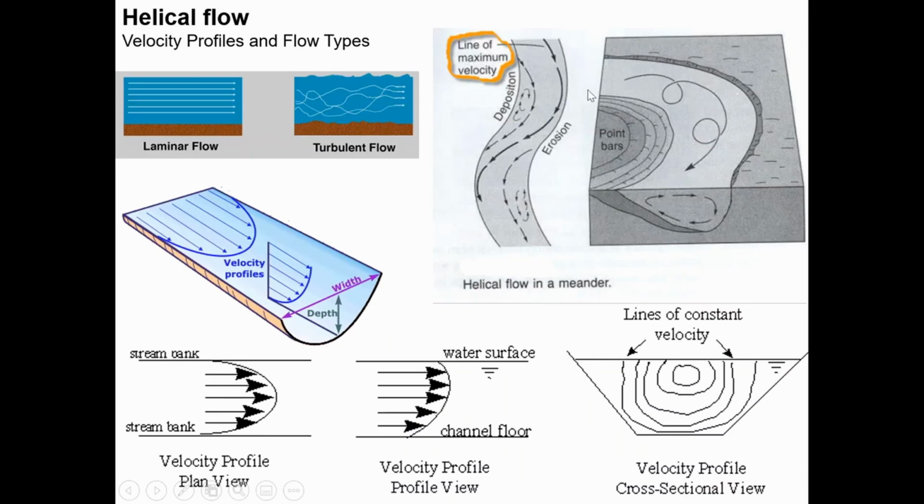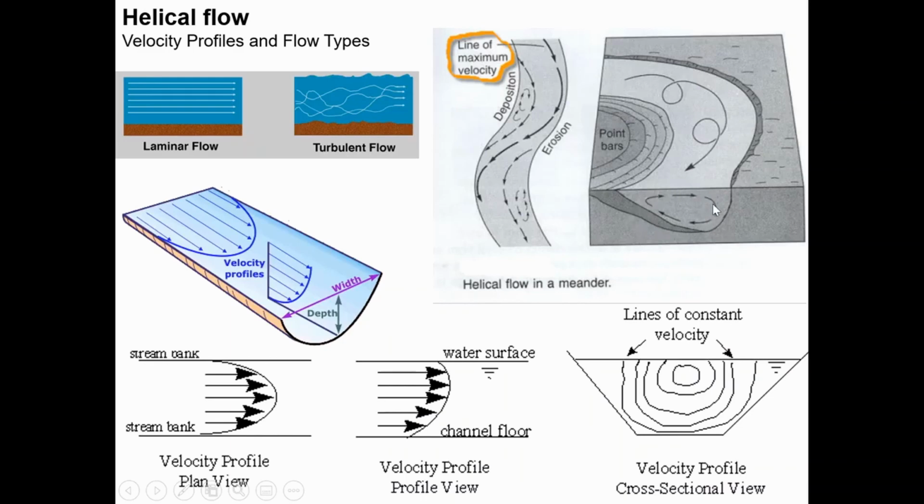As the river flows, the streams take this helical shape. So it not only carries the fluid flowing this way along the channel downstream, but it also generates a circular flow, like at the cross section.